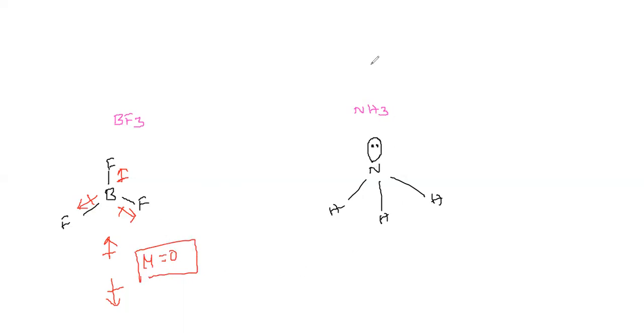Whereas in this case, the bonded electrons move towards the lone pair direction. Here nitrogen is more electronegative, here also nitrogen is more electronegative, and here also nitrogen. So it is not equal to zero. Generally, if mu equals zero, we call it a non-polar compound.